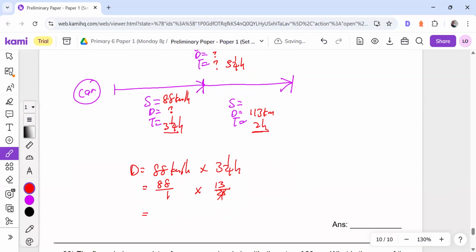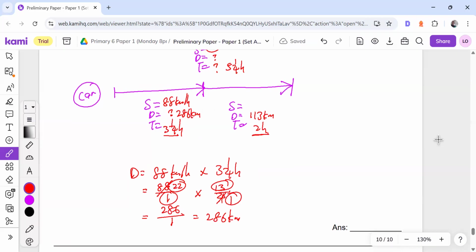Then after that, cancel, divide by 4, divide by 4. Then you can multiply already. 22 times 13. So do your working. 22 times 13, you will get 286. And then 1 times 1 will be 1. So what's the distance traveled by the car? 286 kilometers. Correct?